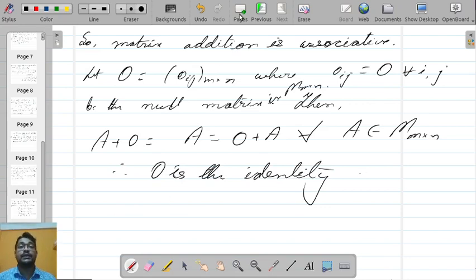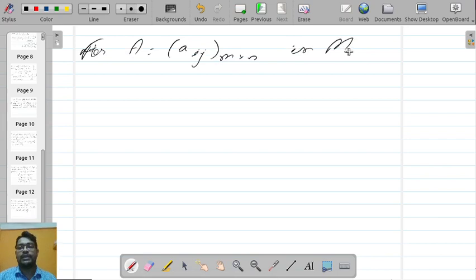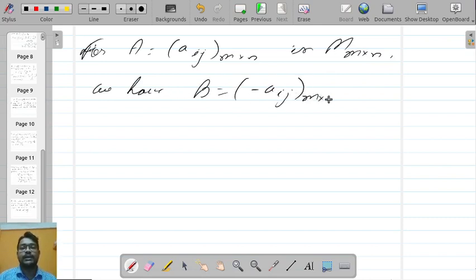Next we have to find the inverse of each element. For A equal to (a_ij) m by n in M_{m×n}, we have B equal to (-a_ij) m by n.